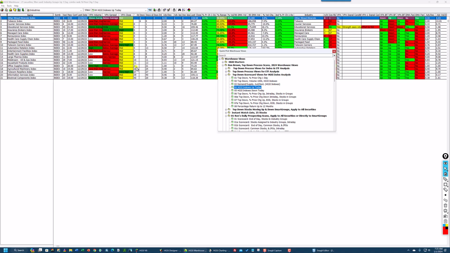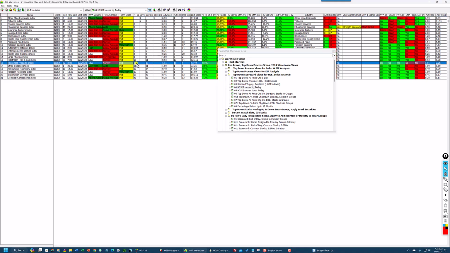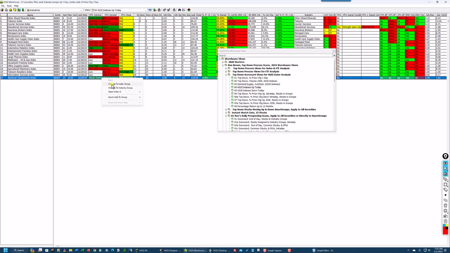These crossovers are really powerful indicators because you can tell immediately how old they are, how fresh they are, and if you want to spend some time prospecting. Now, on the older ones, just look at, there's 23 in the electrical components. You can see how handy this column is.